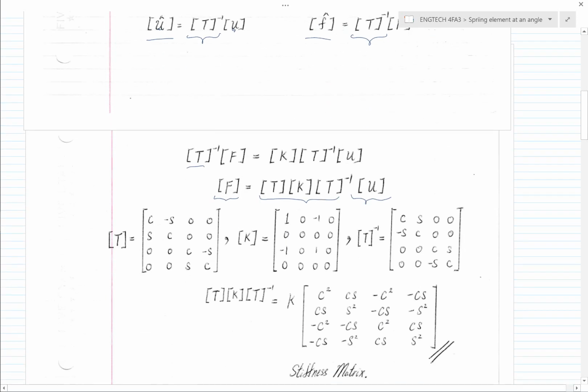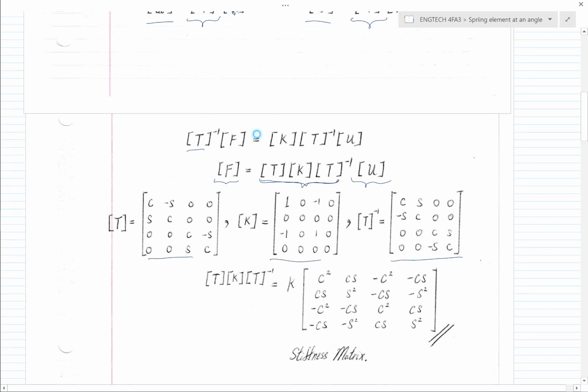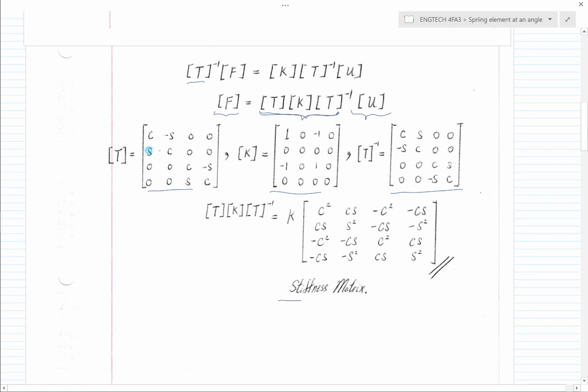We multiply the three matrices together, and we have the stiffness matrix for the truss element, which is the spring element at an angle.